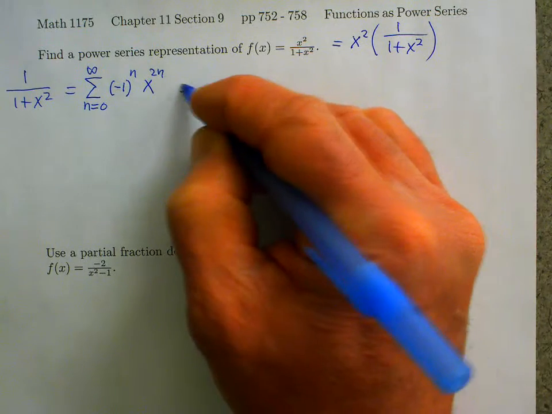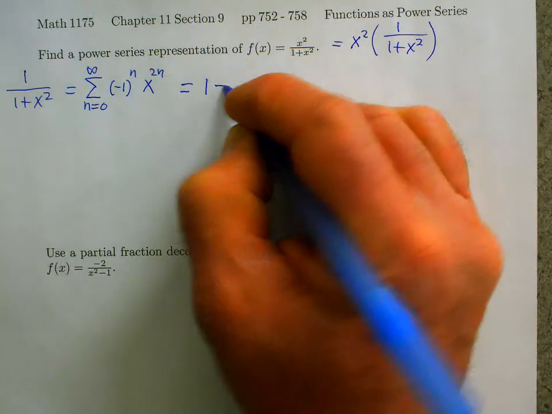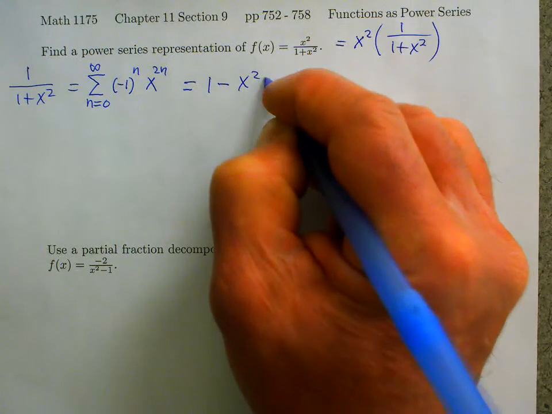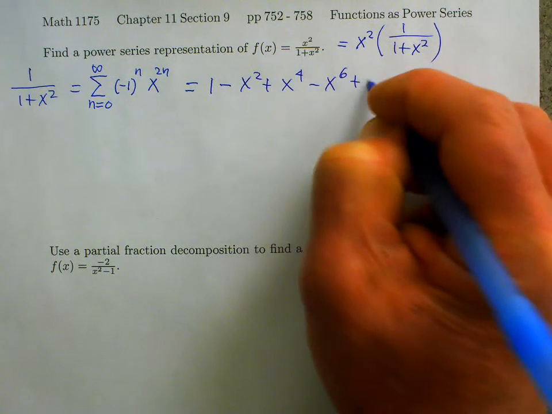If you write out the first few terms, this is 1 minus x squared plus x to the 4th minus x to the 6th, and so on.